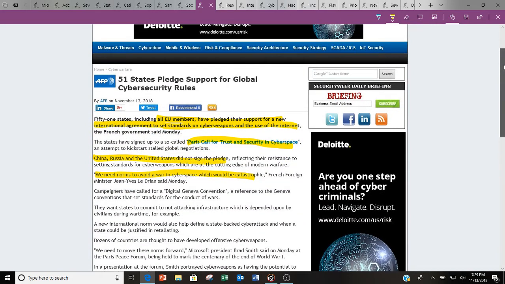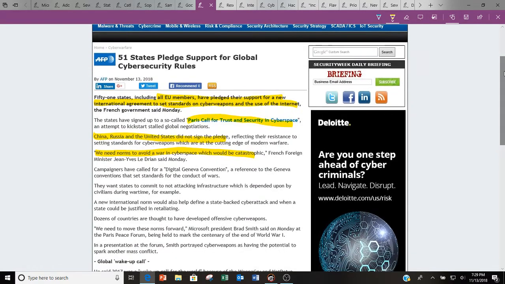So, back on the concept of federal government and getting involved in data privacy, there was a recent announcement that 51 nation states and all European Union members have pledged their support for a new international agreement to set standards on the use of cyber weapons and the use of internet.